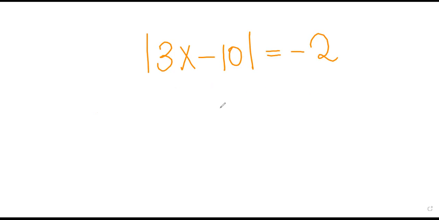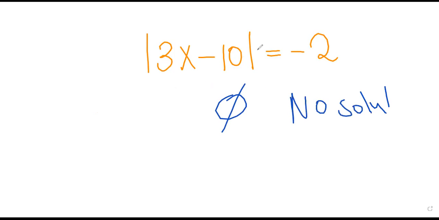Actually, the answer here is directly phi, no solution. Why? Because the absolute value, we said that it is the distance. The distance cannot be negative. So absolute value cannot equal a negative value. And this is the answer.